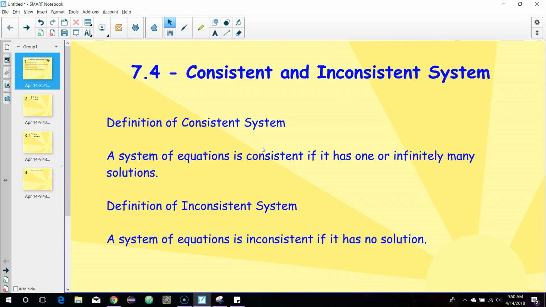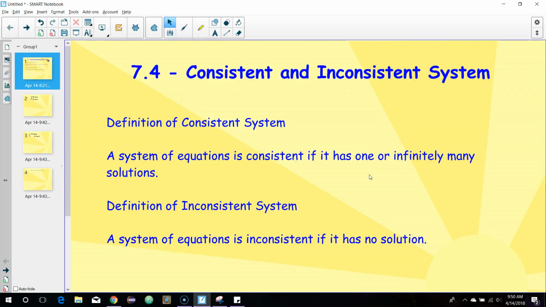It's called consistent and inconsistent systems. Basically, we are trying to define whether a system of equations is consistent or not. This definition is from your book, and it says a system of equations is consistent if it has one or infinitely many solutions.